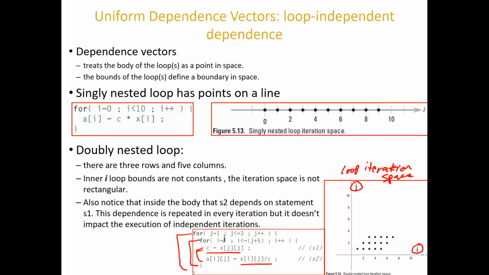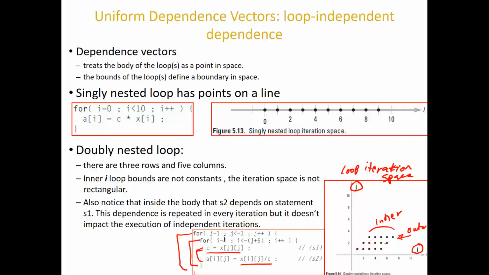Every row here represents the inner loop iterations: inner loop, inner loop, inner loop, and then outer loop, outer loop, outer loop.